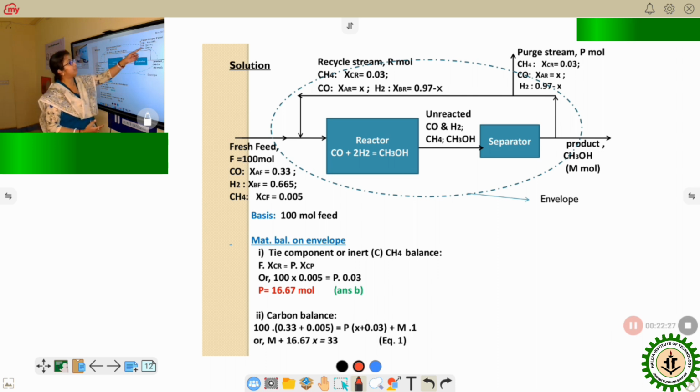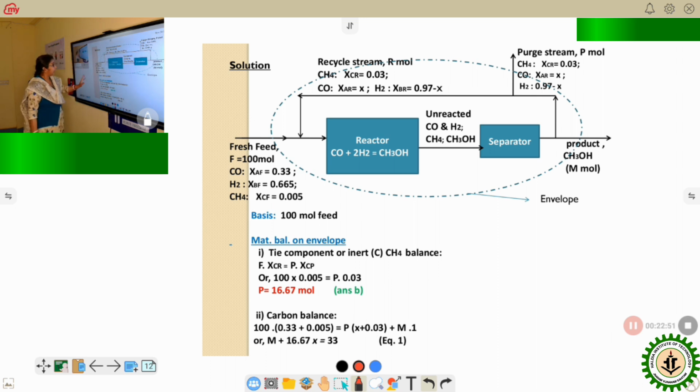So if the mole fraction is X for carbon monoxide, for hydrogen it will be 0.97 minus X. And the same compositions are reflected here: for methane 0.03 mole fraction, for carbon monoxide XAR equals X, the same as in the purge stream, and for hydrogen 0.97 minus X.